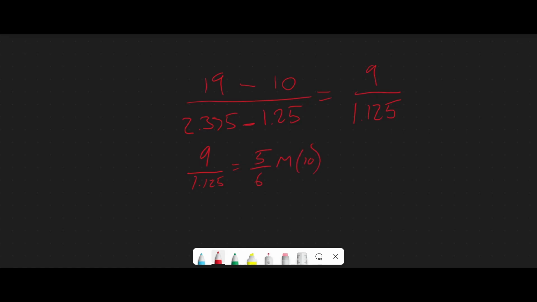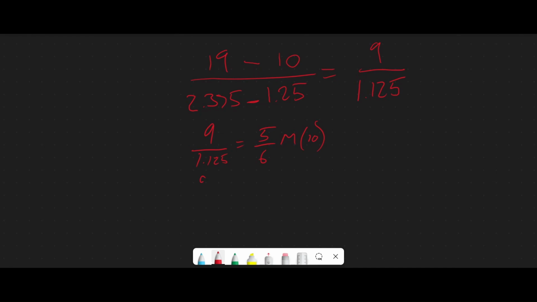And so I'm going to divide by 10 on both sides. So I have 9 over 11.25 is equal to 5 over 6 m. And now to get m by itself, I'm going to multiply by 6 over 5 on both sides. And so these two cancel out, and I'm left with m.